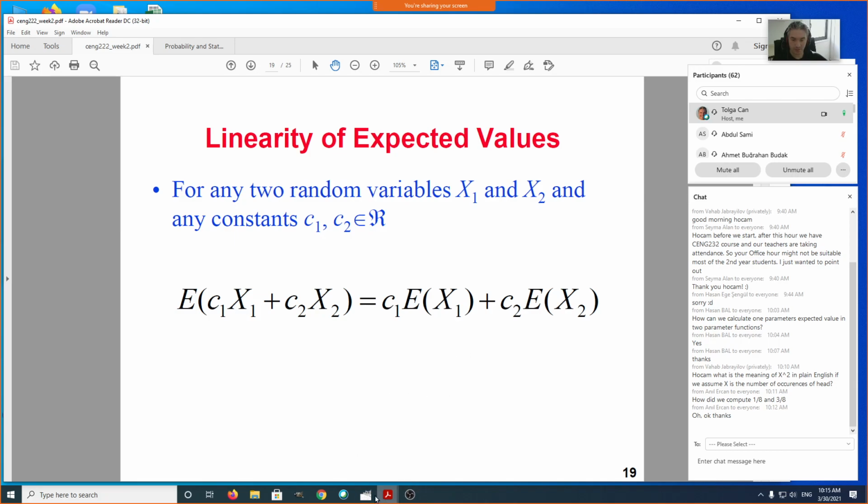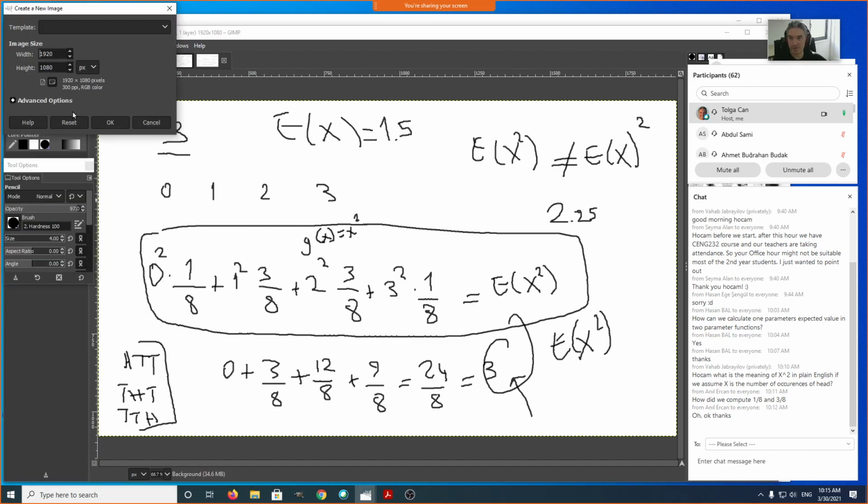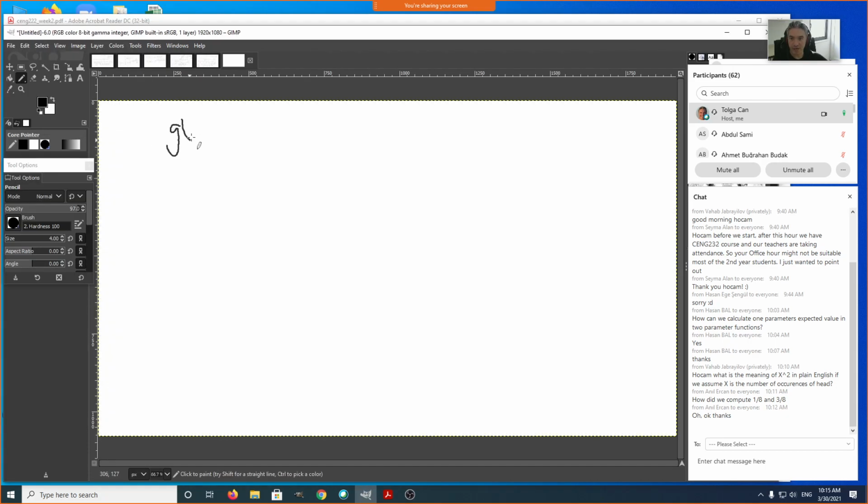It's very simple in the case of just multiplication with a constant, right? For example, if g(x) is c times x, what I'm going to have is the sum over all possible values of x of c x times the probability that X is equal to x.